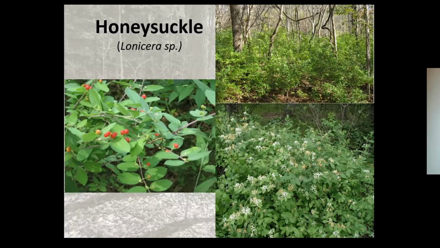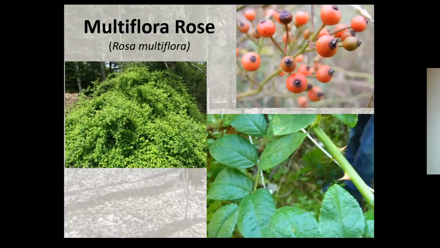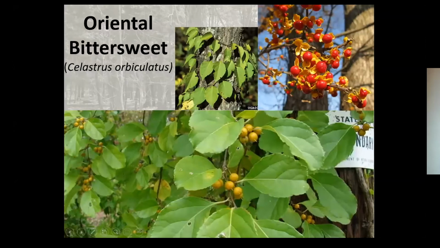Such as the honeysuckle plants that can be a big issue in a lot of understories. Buckthorn is pretty common to see growing in your understory, especially in younger forest. Multiflora rose, you may find this in a forest as well, especially coming in at the edge of the forest. You can see how thick of a plant they are. Nothing else is going to grow into those areas.